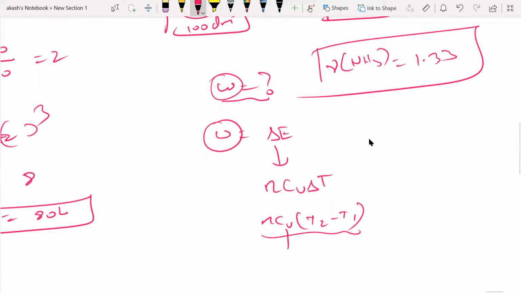Yes, you can use the 7/2. This is correct, 7/2 R. And I want the answer in terms of calories. I want this W in terms of calories.